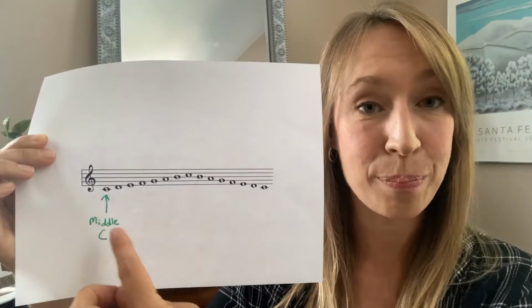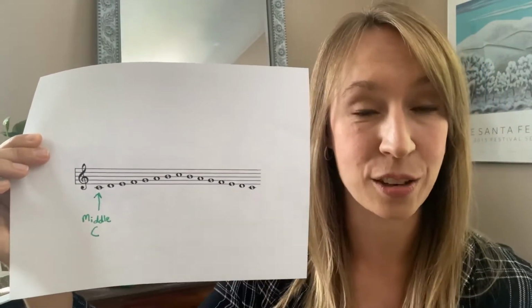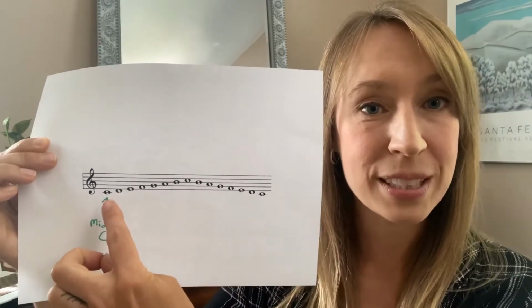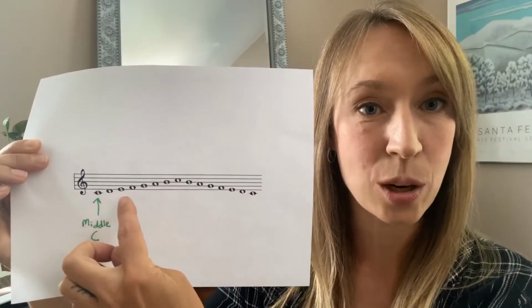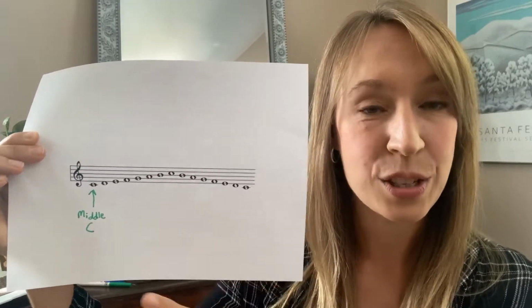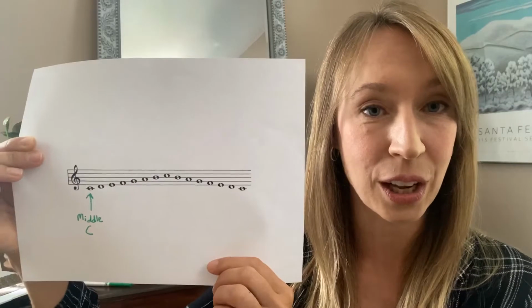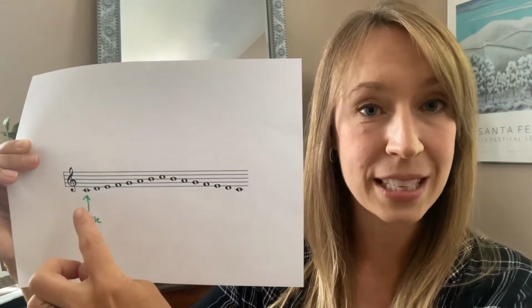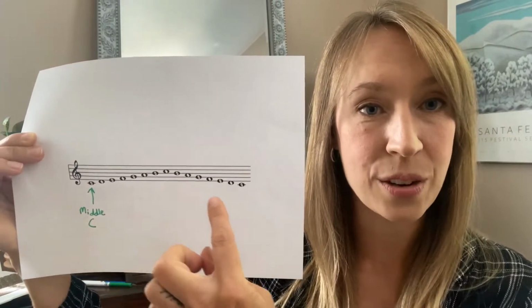Now I don't have the bottom staff, the bass, on here, just the treble. But here's middle C, and here's what a scale looks like going up to the next C and then coming back down to middle C. So this is one way a scale could look on a piece of music. You can see the notes going up and you can see the notes going down.